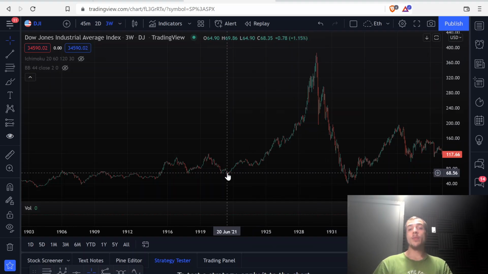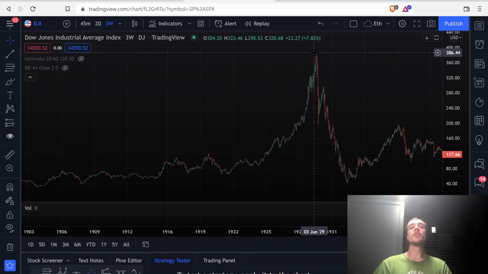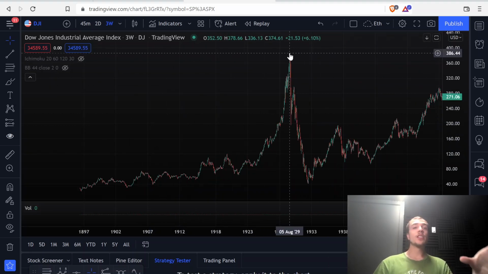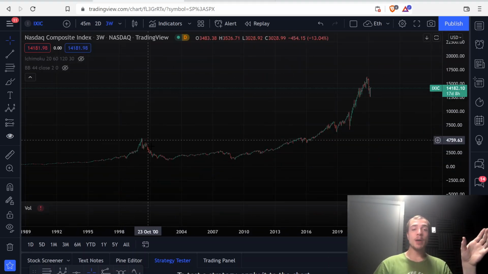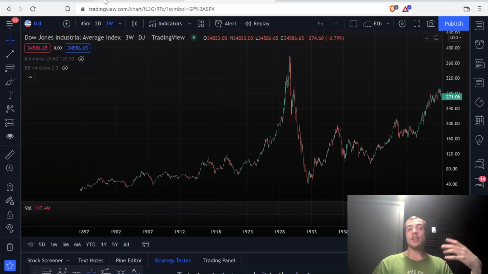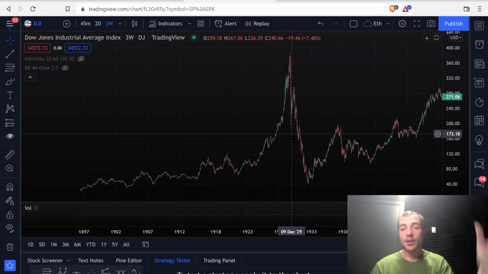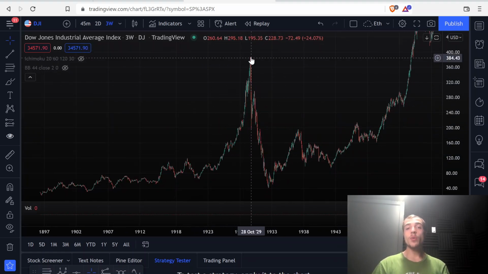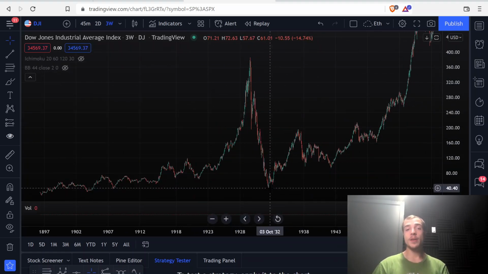And that's where we saw this huge parabolic move where the market went parabolic, just like how it did during the internet bubble back here in 2000. And we've seen markets do that, like Bitcoin in 2017, right? So this huge thing led to the Great Depression. So this was the roaring 20s leading to the Great Depression, okay?